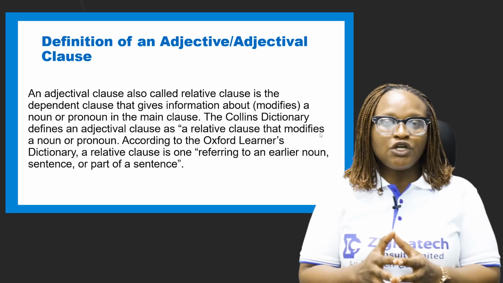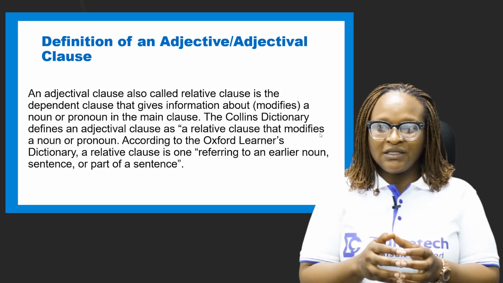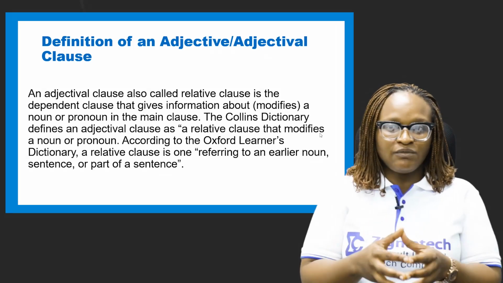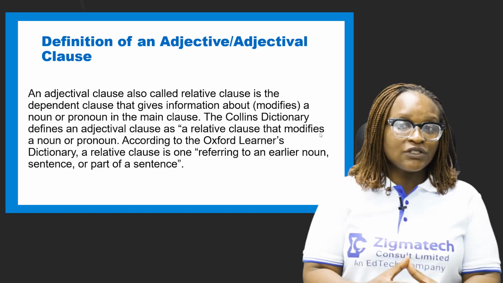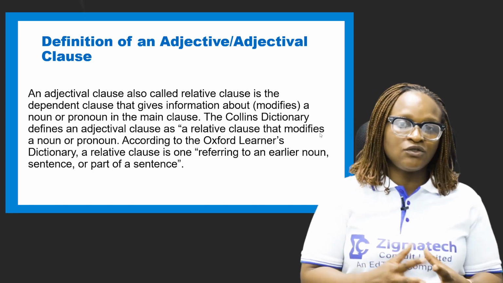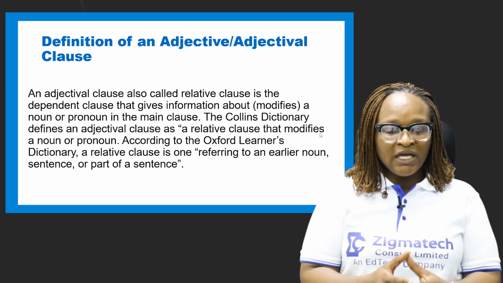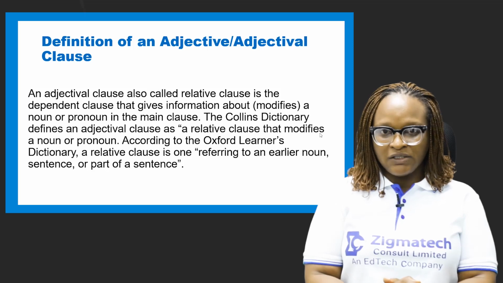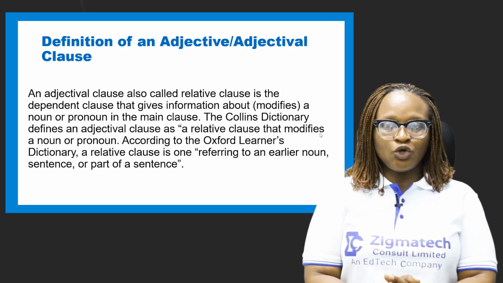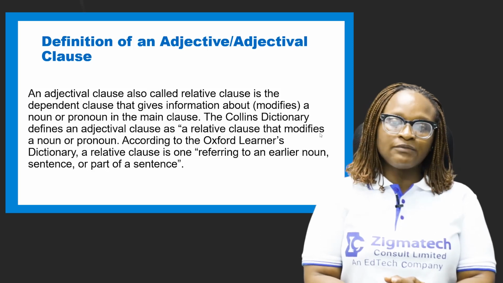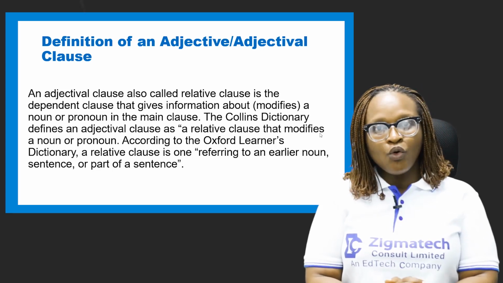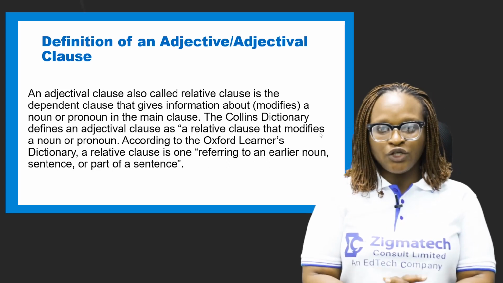Now, it is the subordinate part of the sentence that we consider when looking at the grammatical names and functions. So, adjectival clauses are classified under what we call grammatical names and functions in the comprehension part of the English exam. We are looking at this topic because aside from our knowledge of grammar, it will help us attempt questions in our external exams, basically NECO and WAEC, in your comprehension part.